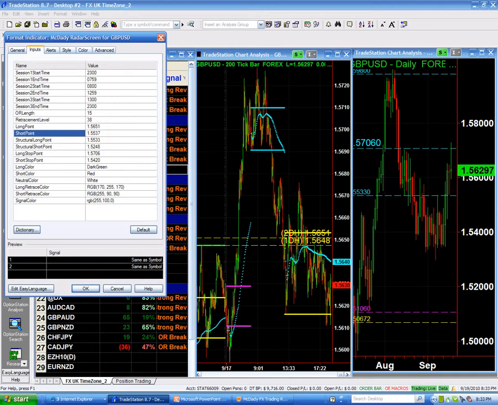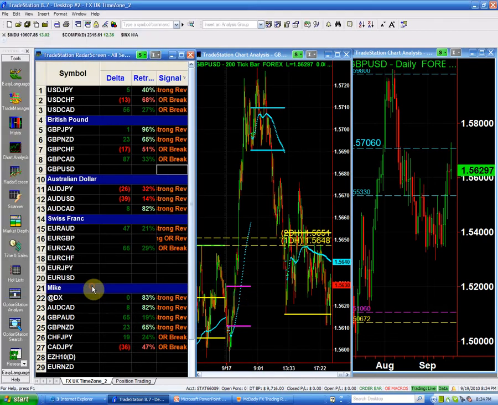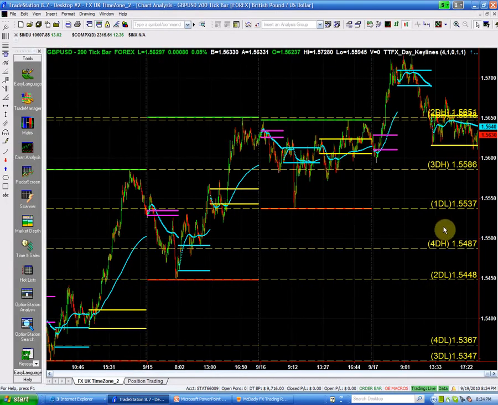That will be my short entry. And if I go short below 155.37, I can put my stop above 155.86.